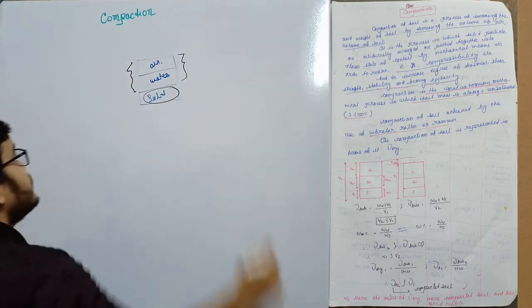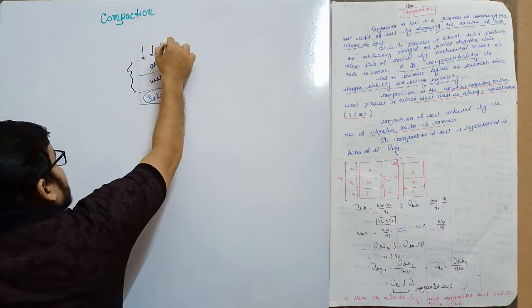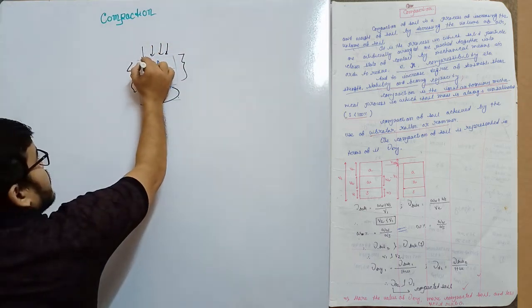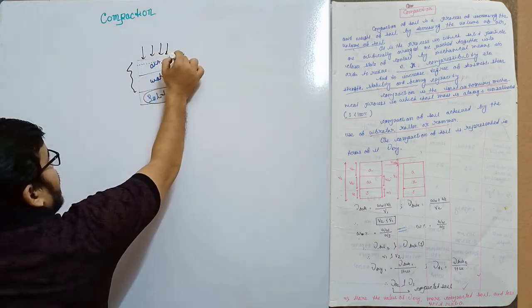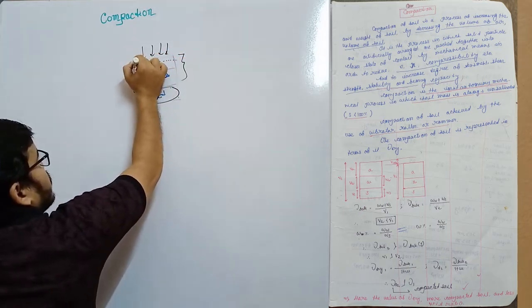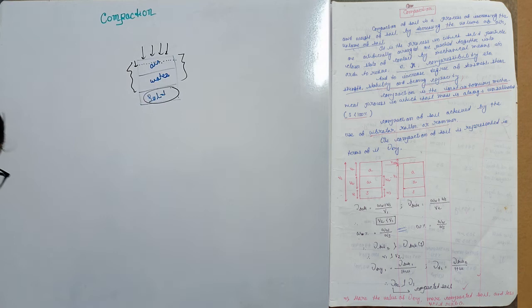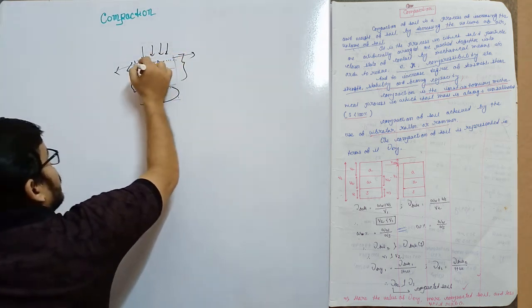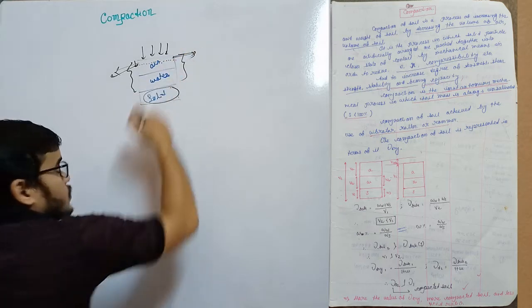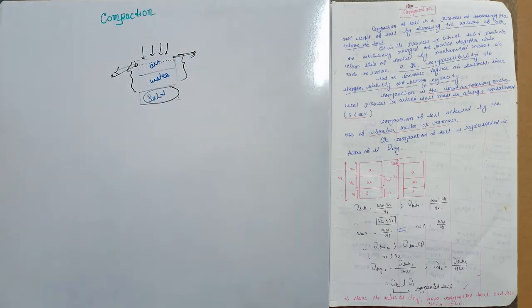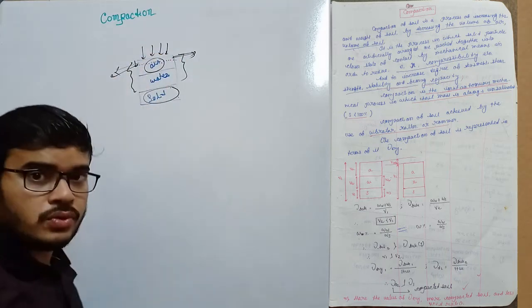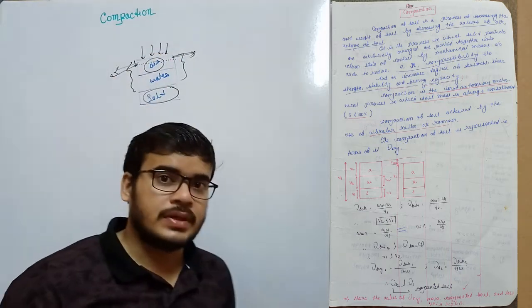When we apply some load and the soil comes from here to here, some amount of air is removed from the soil, and that's why the volume has decreased. So the removal of air by applying load is called compaction.